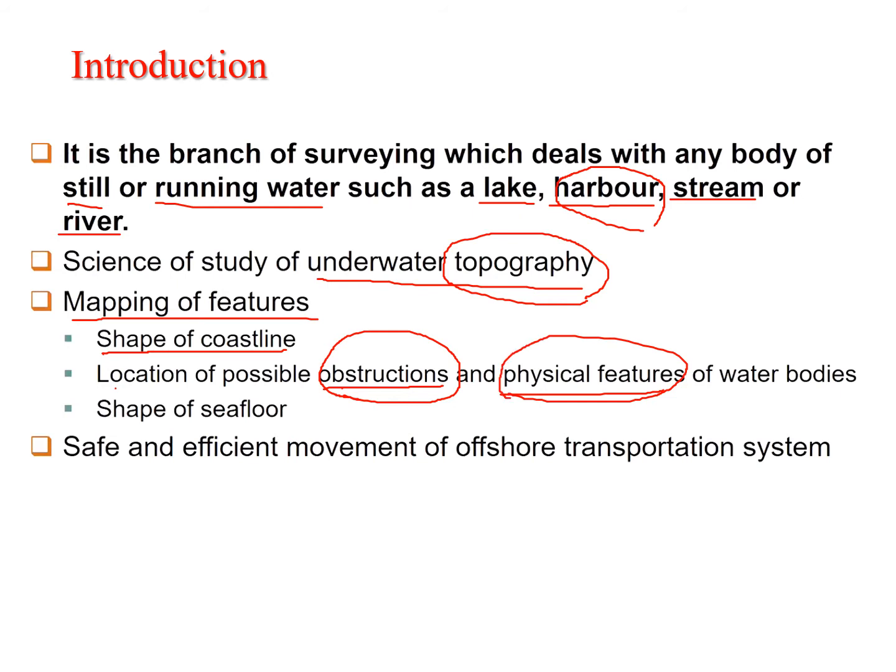So there is a big difference between obstructions and physical features. Then we also want to know the shape of the seafloor. After preparing these maps, the purpose is the safe and efficient movement of the offshore transportation system.